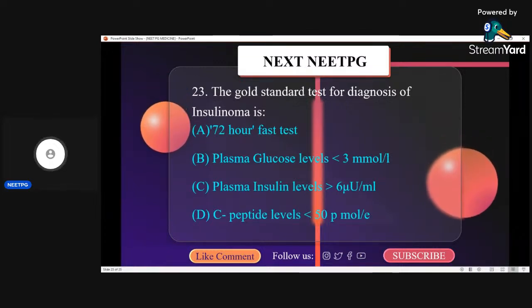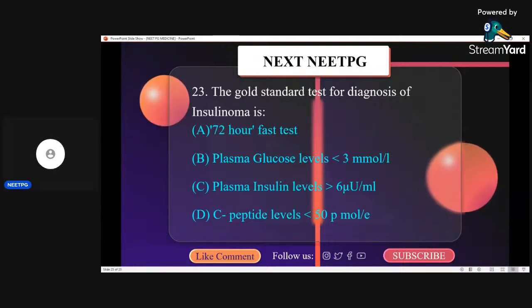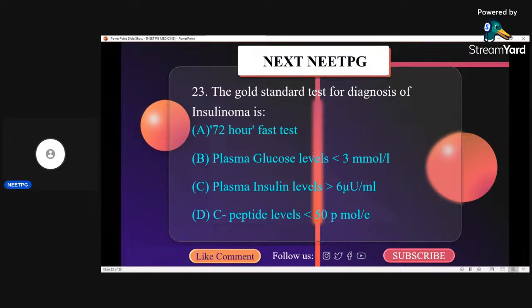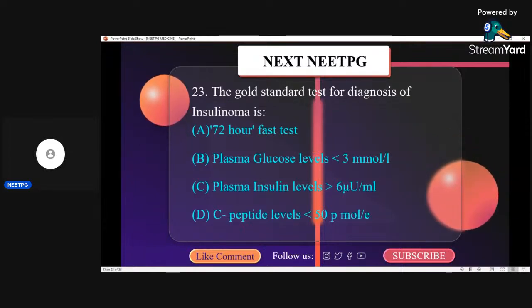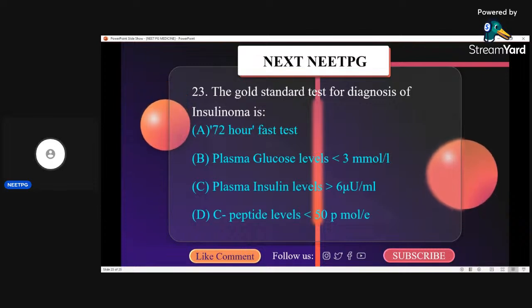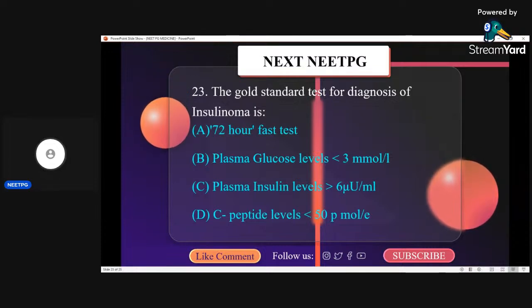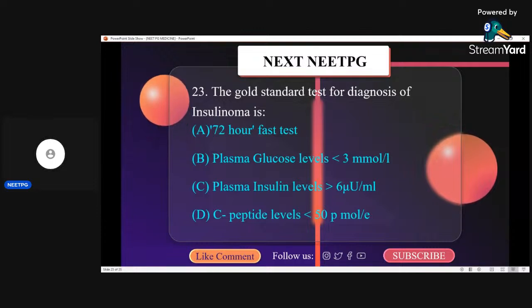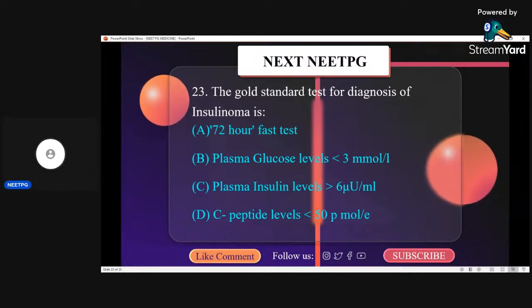Diagnosis of insulinoma requires demonstration of inappropriately high levels of plasma insulin and C-peptide in the presence of documented hypoglycemia achieved by the 72-hour fast test. Absolute values of insulin or C-peptide are not reliable in establishing a diagnosis unless hypoglycemia is documented. The 72-hour fast test allows demonstration of hypoglycemia together with elevated levels of insulin and C-peptide.